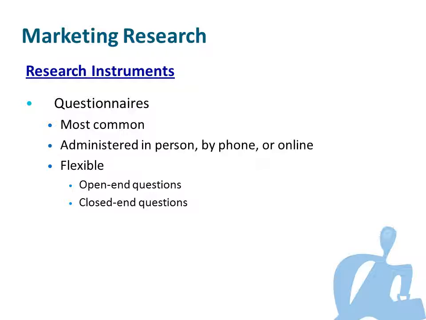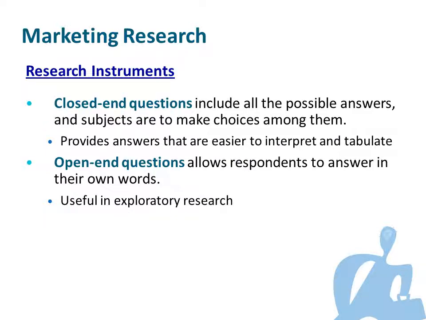So we can say that questionnaires are most commonly administered in person, by telephone, or online, and are flexible. They can be open-ended questions or closed-ended questions. The difference between the two types: closed-ended questions include all the possible answers, and subjects make a choice among them.